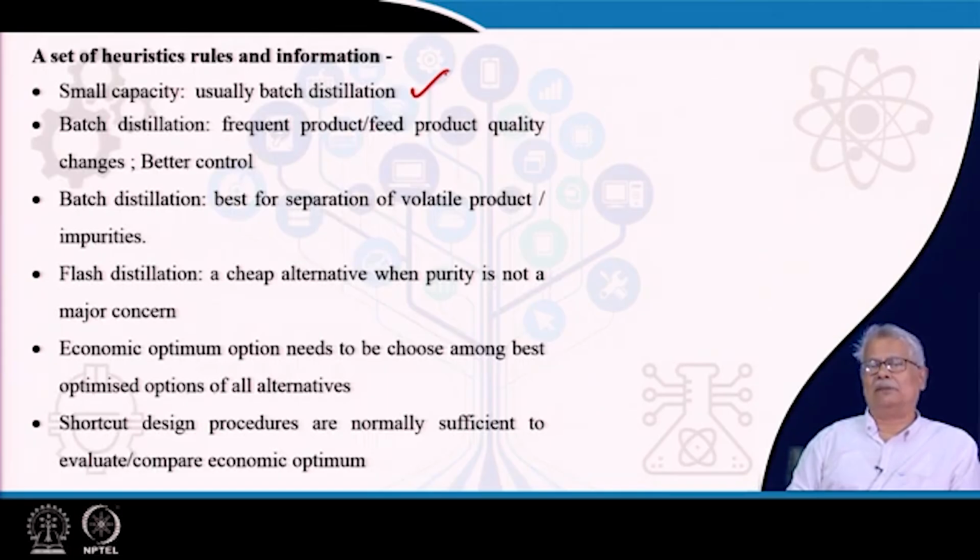But at the same time, you can have flexibility of changing the product and the feed quality depending on what is demanded and what quality of feed is available to you for the same set of equipment. Quite often, batch distillation in presence of such uncertainties in the feed and the product quality specifications is quite important and efficient.